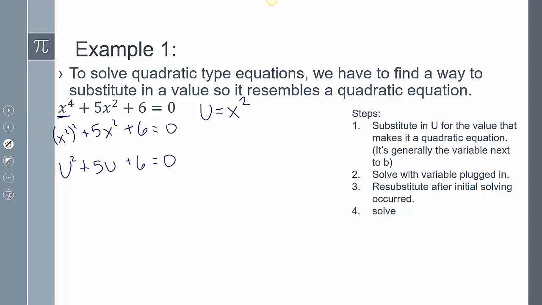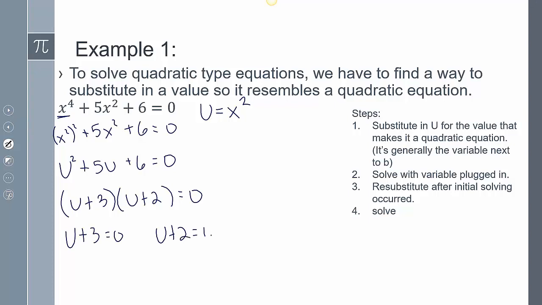And so because that's a quadratic equation, properties of a quadratic equation work. So this will factor into u plus 3, u plus 2. Well, we're not solving for u, right? So even if I do say u plus 3 equals 0 and u plus 2 equals 0, we're not solving for u, we're solving for x. So I'm going to have to plug x squared back in.